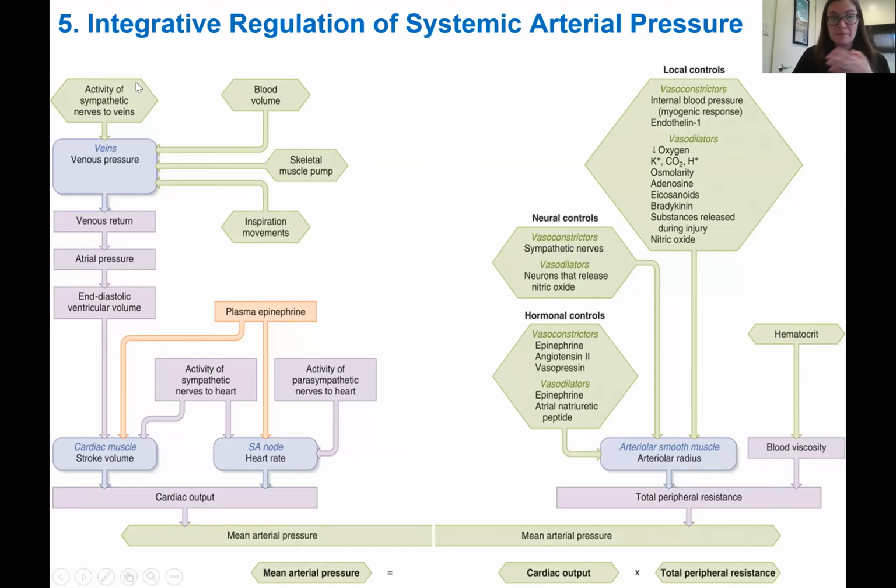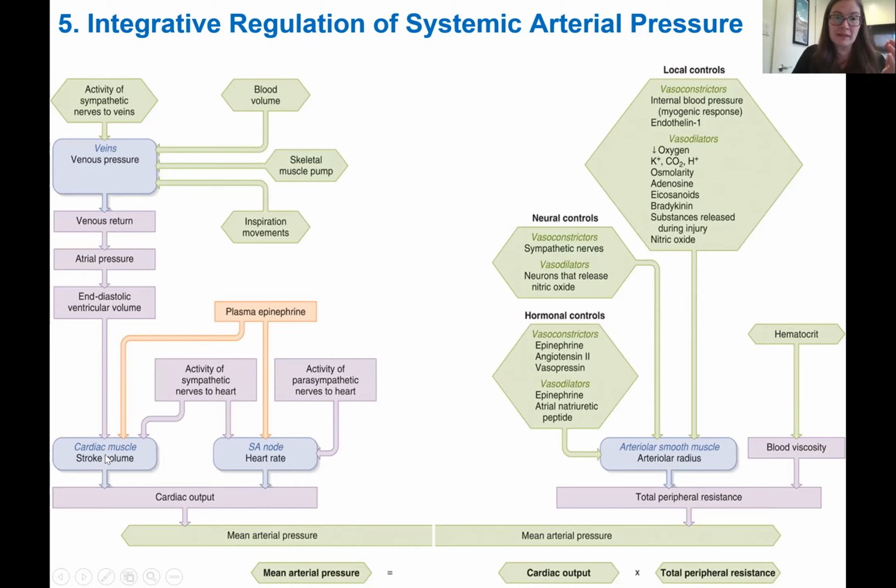So we were just here: sympathetic activity to nerves and veins, blood volume, skeletal muscle pump, inspiratory movements, all increase venous pressure, which increases venous return, which increases atrial pressure, which increases end diastolic ventricular volume, which can increase stroke volume.